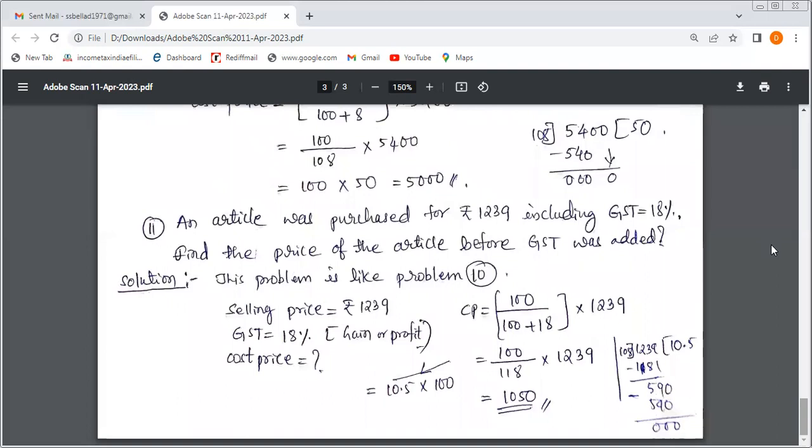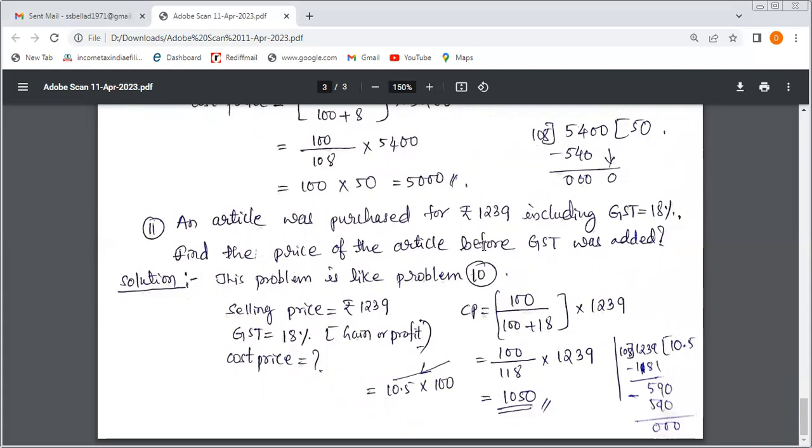This is the last problem, the 11th problem in this exercise 8.2. The problem is like this. An article was purchased for rupees 1,239, including GST 8%. Find the price of the article before GST was added, same as earlier.